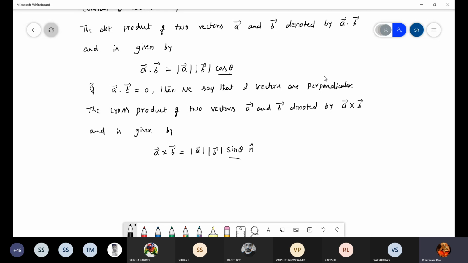So everything is same. What is this n cap? This one extra term is there in cross product. It is a vector which is perpendicular to both A and B. For example, for I and J, which is the vector perpendicular to both I and J?